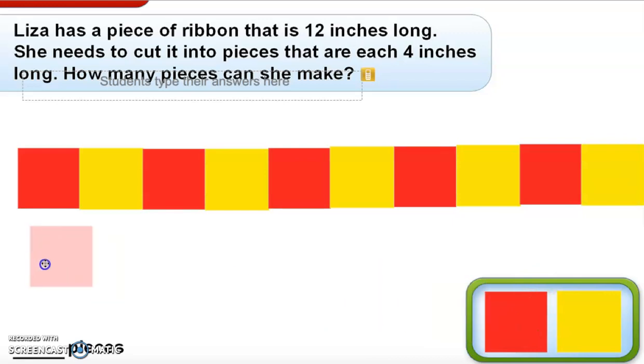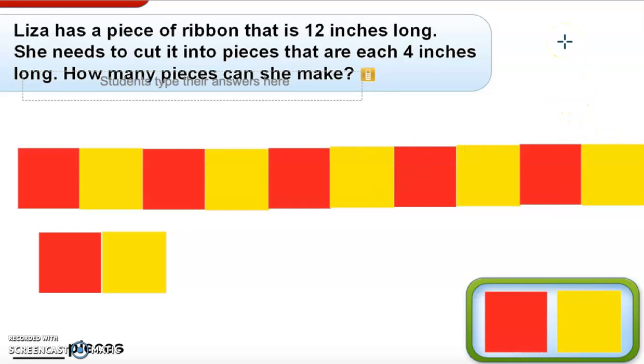We'll just pretend that it's adding on. Okay. So let's just pretend that this is one long piece of ribbon. Okay, 12-inch long ribbon. Now it says that Liza needs to cut it into pieces that are 4 inches long. So in order to do that, Liza's going to need to cut up this 12-inch ribbon into 4-inch ribbons.